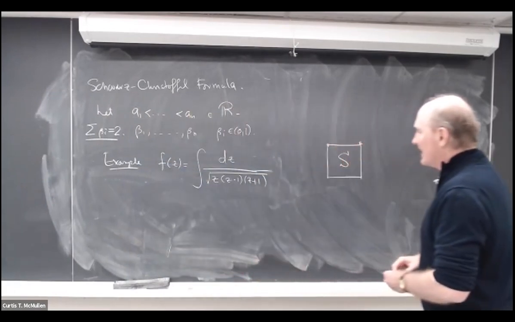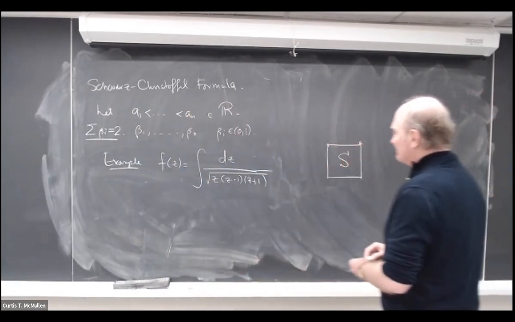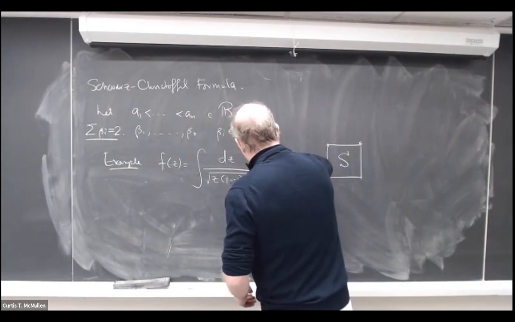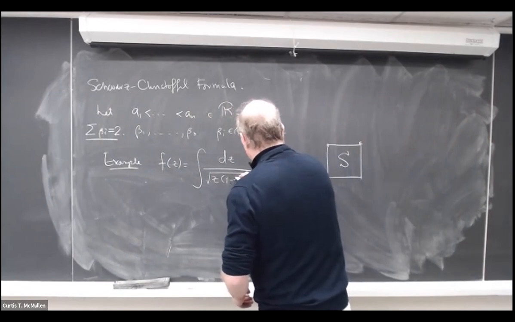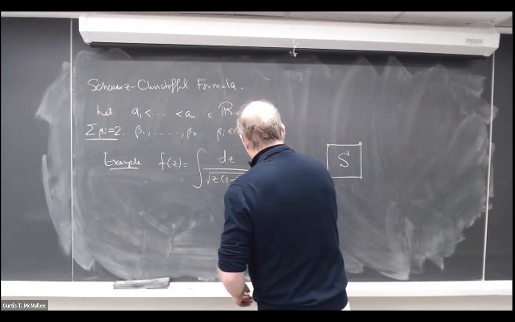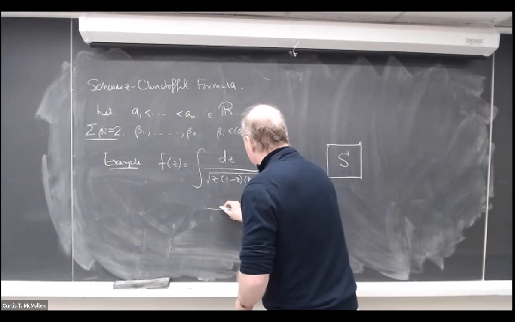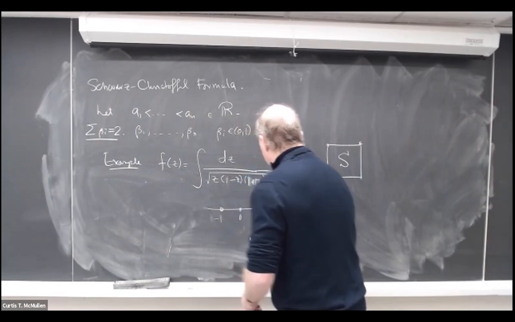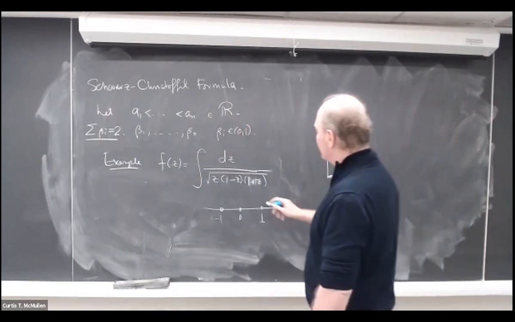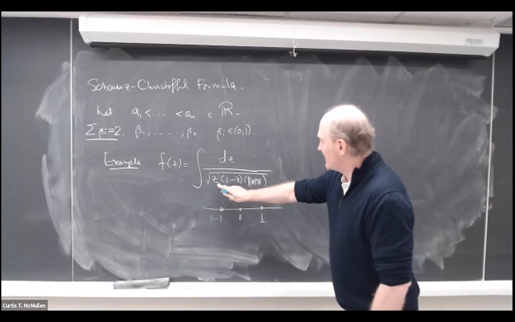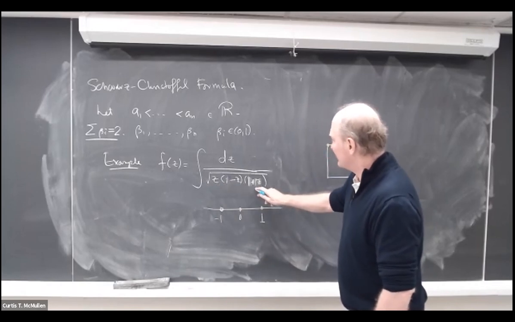Now what will happen under this mapping? Actually, let me make it even clearer by making this 1 plus c and 1 minus c. Okay, so the special points in the upper half plane are -1, 0, and 1. And I've set this up so that when z goes between 0 and 1, this number's positive, this number's positive, and this number's positive.